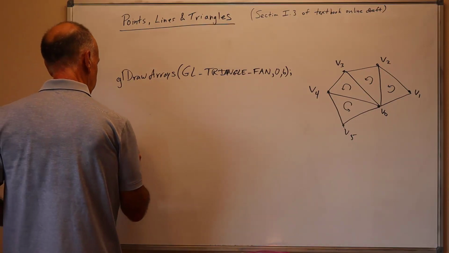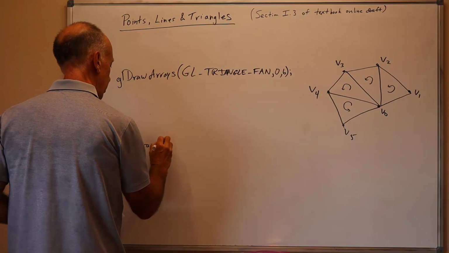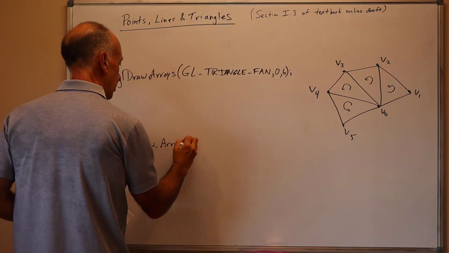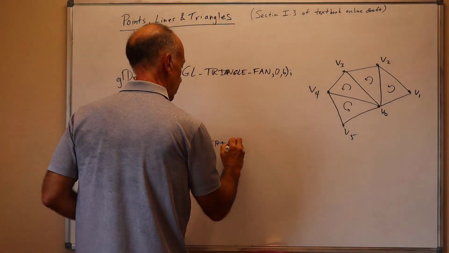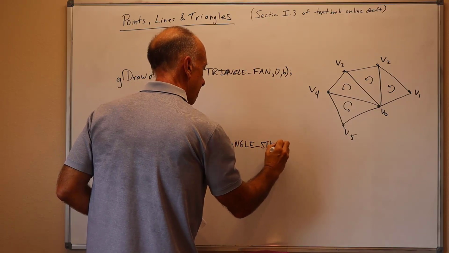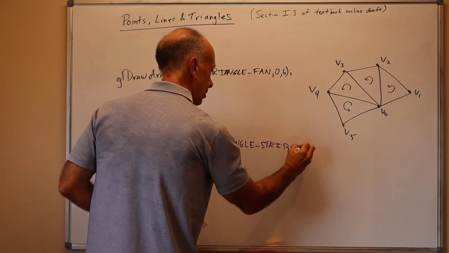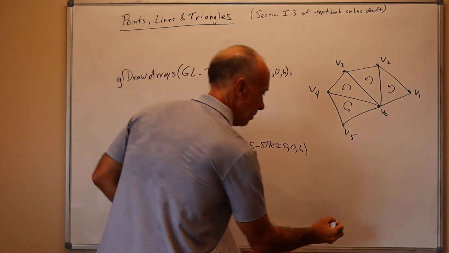A GL_TRIANGLE_STRIP, we get done with the command glDrawArrays, GL_TRIANGLE_STRIP. Again, we'll do an example with 6. So for this, we think of the vertices as arranged somewhat differently.